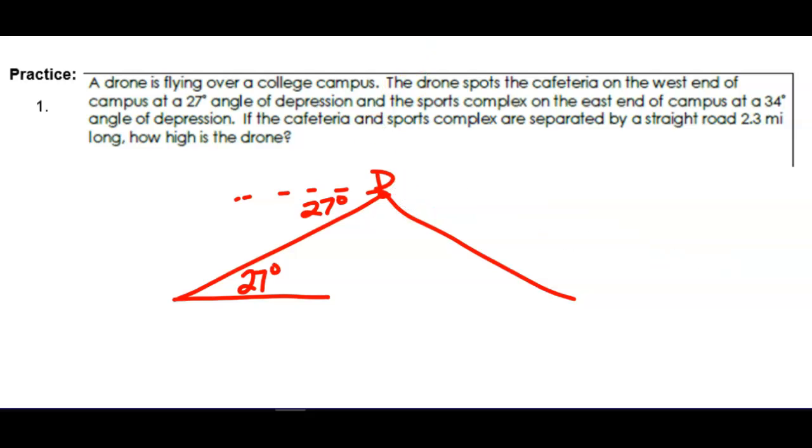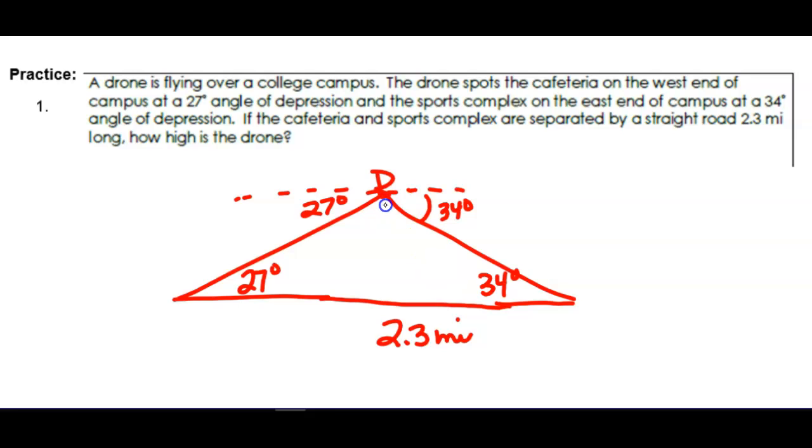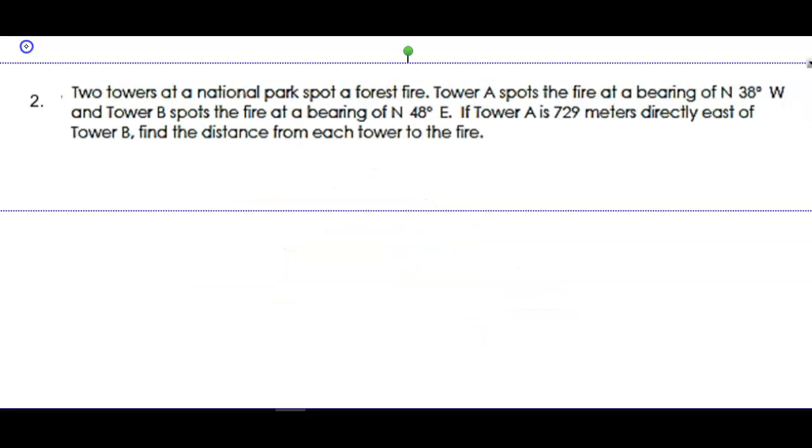The drone has to look down 34 degrees there, which means here it would be a 34-degree angle with the horizon. And they are separated by a straight road that is 2.3 meters long. How high is the drone? Okay, this is just like number 1 on the front, example 1 with the UFO. So I'm going to let you do that one.